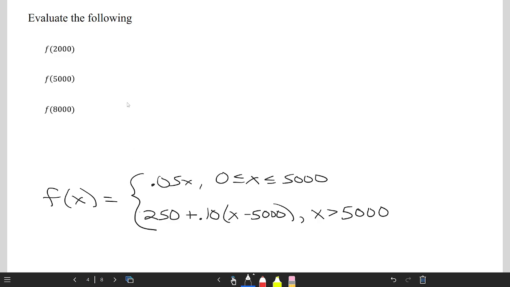It's a function, so each x value can only give one function value. So f of 2000 is only equal to one number because a function cannot have more than one output for the same input. We know which piece to use based on the criteria here. And so 2,000 gallons would cost us $100.